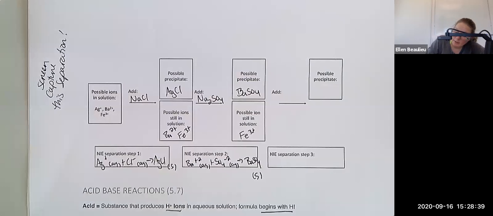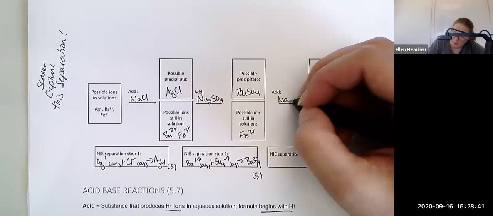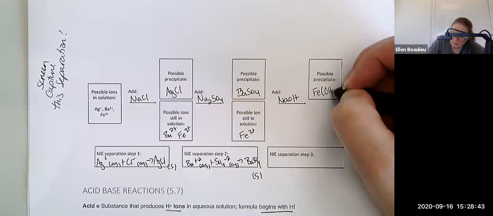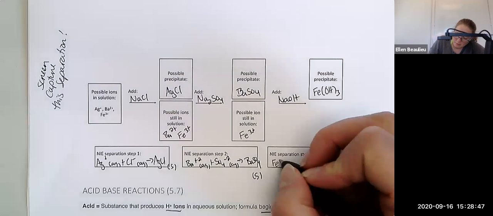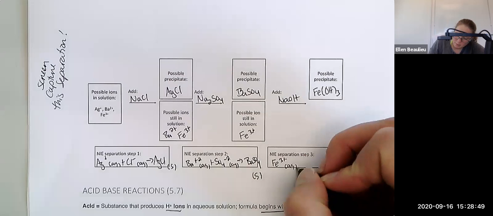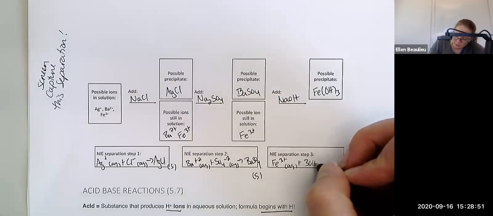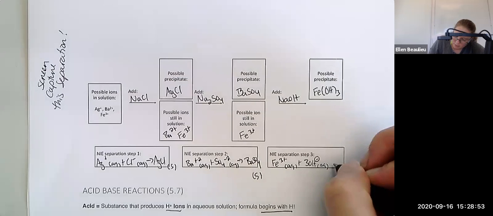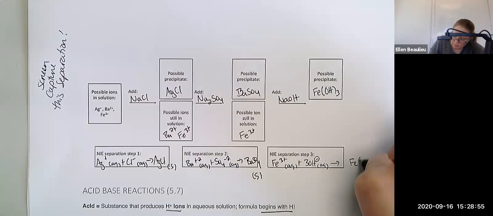And then I could add sodium hydroxide, and I would get iron hydroxide to precipitate. So that would be iron plus 3 hydroxides yields iron 3 hydroxide.